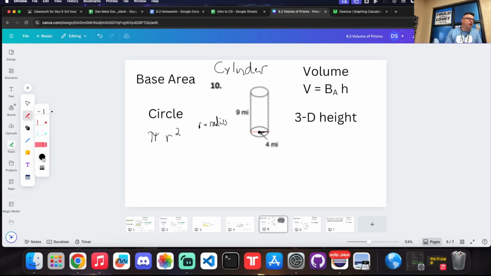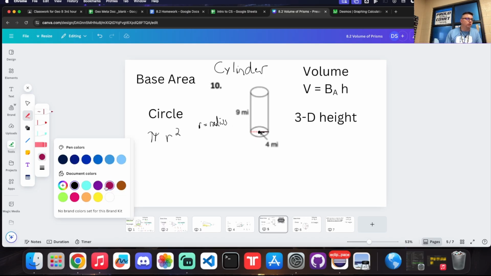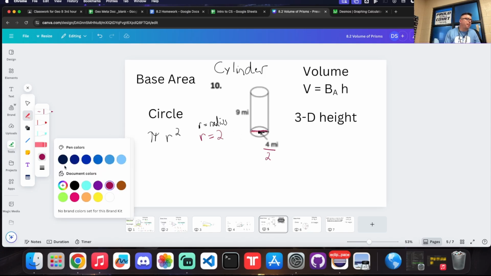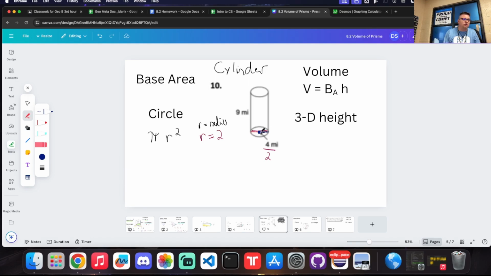What did they give us in our circle? The diameter. It goes all the way across. So if it goes all the way across, what do we need to do? Cut it in half. And then that gives us a radius of 2. So from the center out is just going to be a 2.